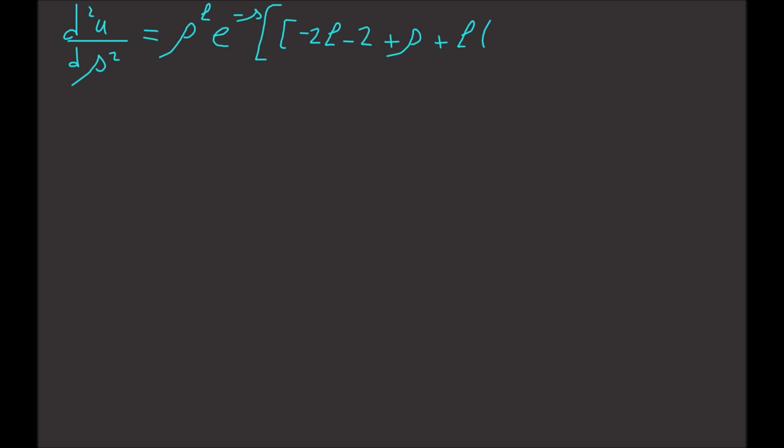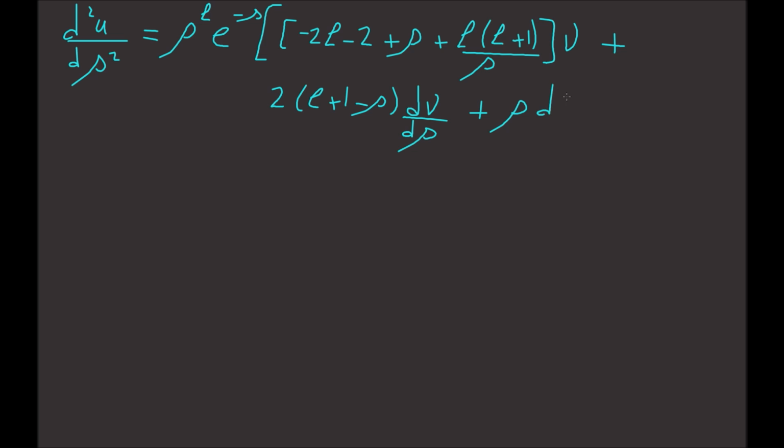So the second derivative of u with respect to rho is going to equal rho to the L e to the minus rho times, we have minus 2L minus 2 plus rho plus L times L plus 1 divided by rho, times nu, plus 2 times L plus 1 minus rho times d nu d rho, plus rho times the second derivative of nu with respect to rho, close bracket.